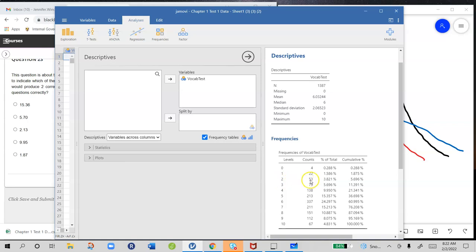We have 53 people got 2 correct, 22 got 1 correct, and 4 got 0 correct. So I can look at the cumulative percentage column, and that will give me the percent of people who have scores at or below a given category. So 5.696% of people had scores of 2 or lower.